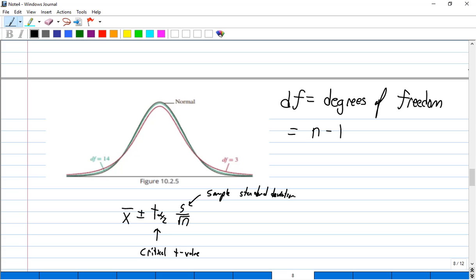And let's just hope that's given to us, because if it's not, then we have to calculate that sample standard deviation if we have a sample. Okay? That was a long time ago when we started doing those, where you had to do the standard deviation. So technology is your friend on those.